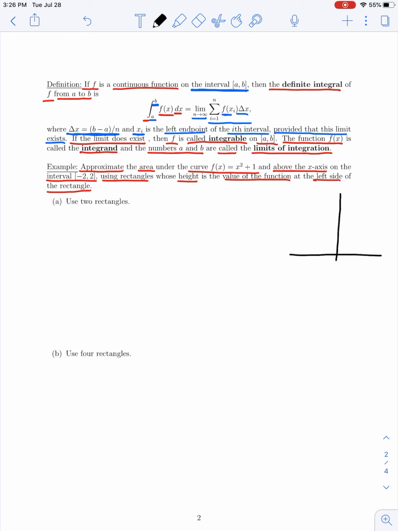So here we were looking at the region that lies under the graph of x squared plus 1, which is a parabola whose vertex is at (0, 1), and is opening upward. And we're looking at the graph of this function on the interval from -2 to +2.